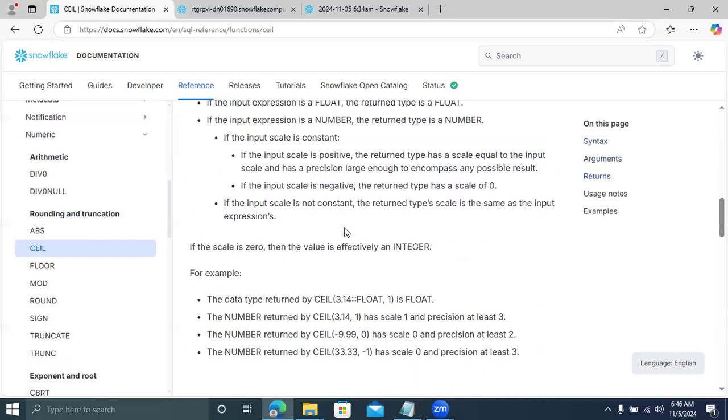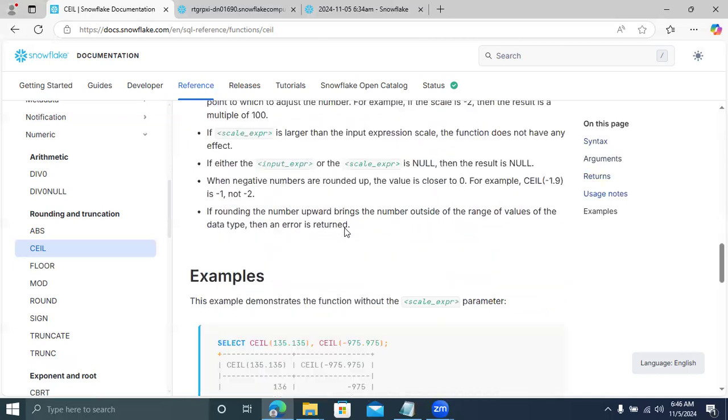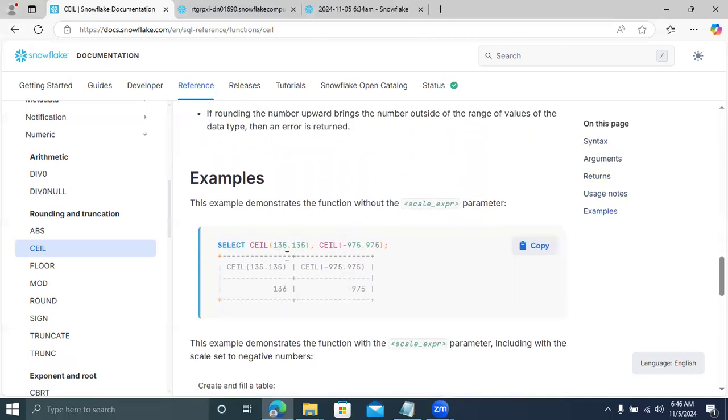Now, straight away, go to the example. For ceil, what value is given? 138.135. It will go to 139. You might have a question: though it is not greater than 0.5, why is it rounded up?